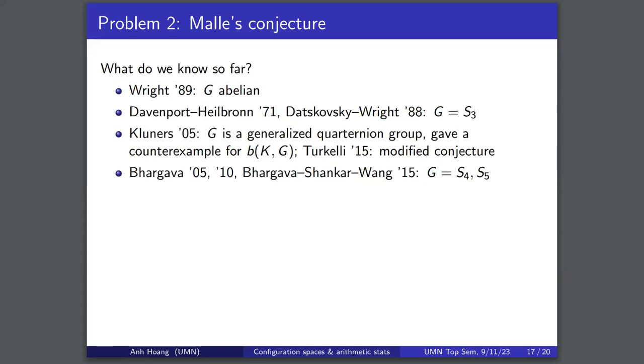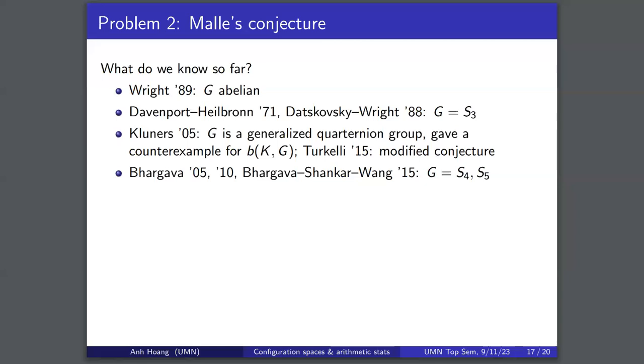Klüners gave a proof for G a generalized quaternion group, but also gave a counterexample for the strong conjecture. So the constant b that Malle gave is not exactly precise, and then Türkelli gave a modification of the conjecture that incorporates all of the known results. So it accommodates Klüners's counterexample.